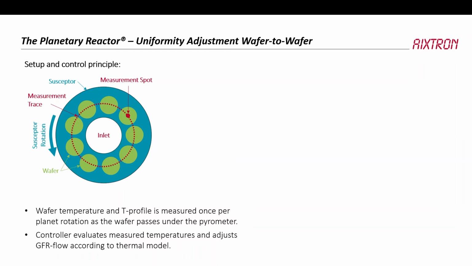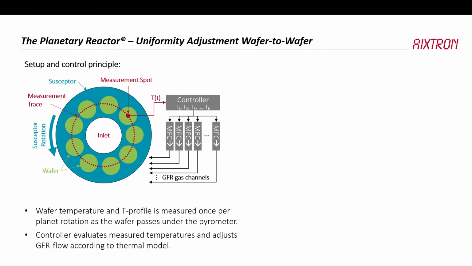And as the susceptor rotates, we'll get a temperature profile which is essentially bumps up and down as the rotation takes place. But this can be segmented then into individual temperatures, T1 to Tn, that can be assigned to the wafers.